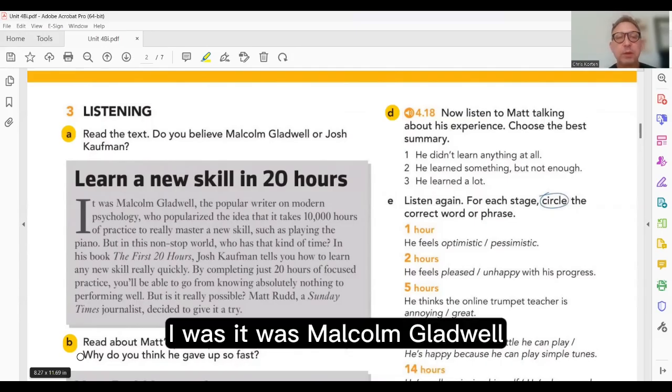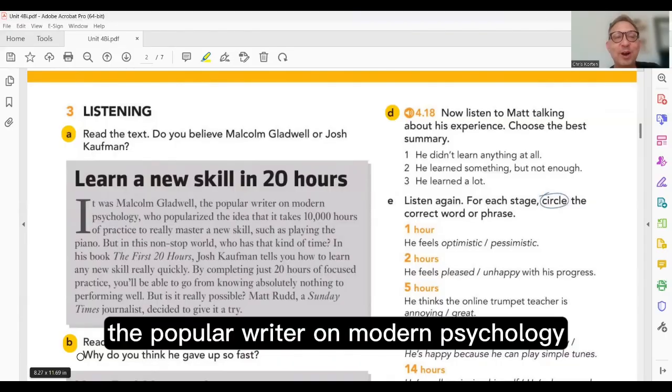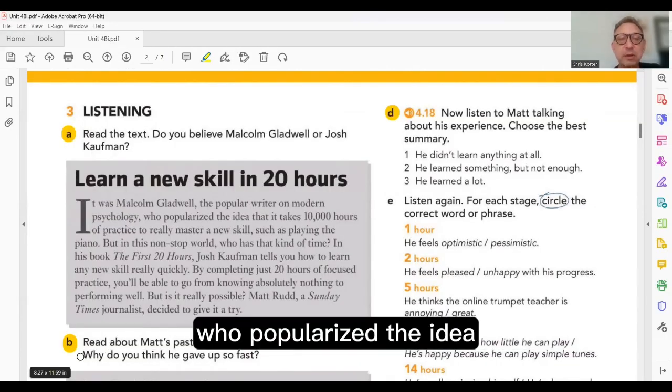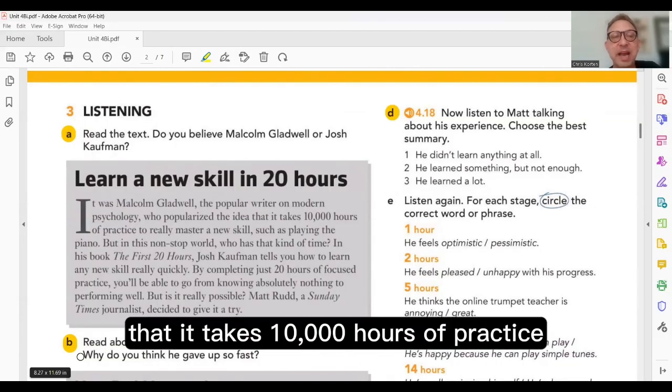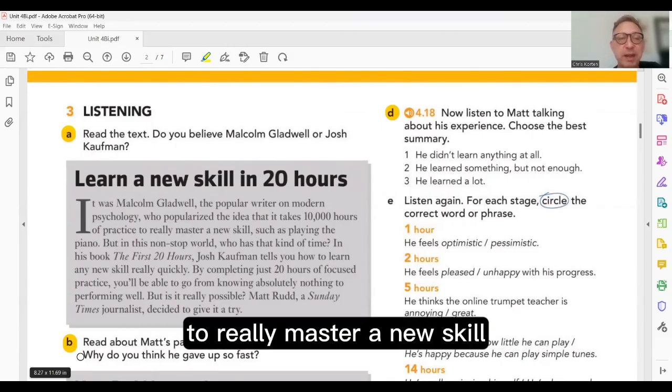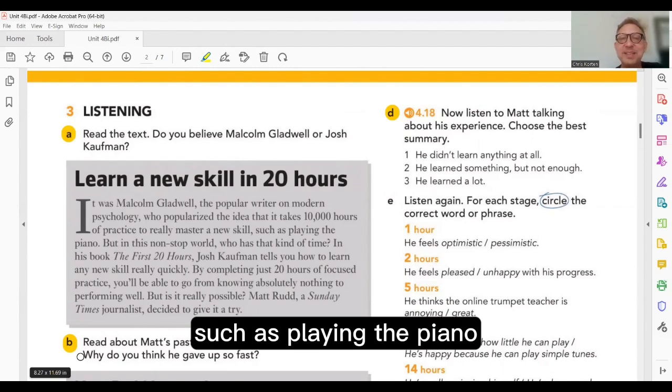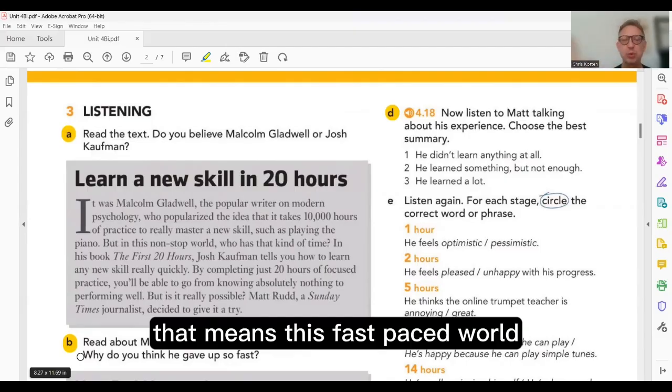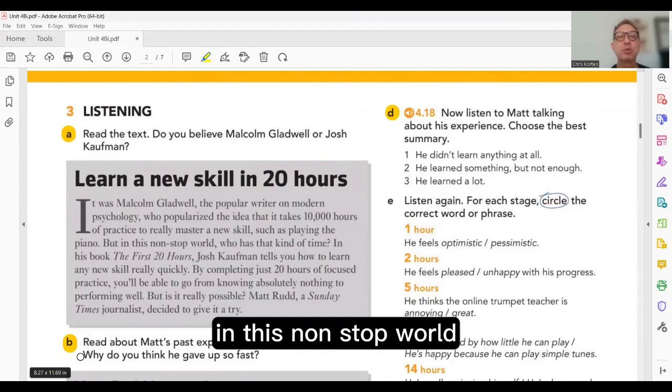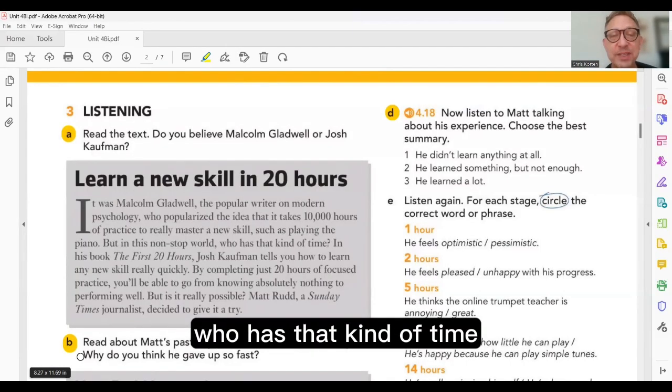It was Malcolm Gladwell, the popular writer on modern psychology, who popularized the idea that it takes 10,000 hours of practice to really master a new skill, such as playing the piano. But in this nonstop world, that means this fast-paced world, who has that kind of time?